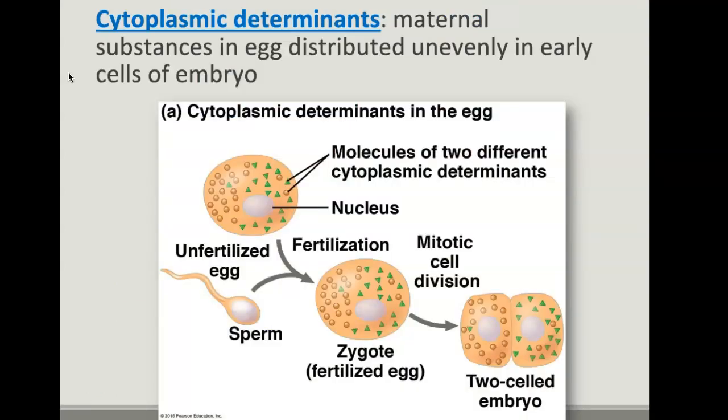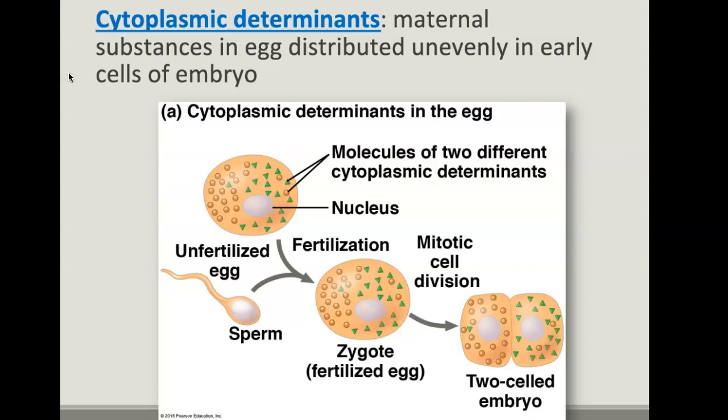One way that a cell knows how to differentiate and have its cells turn into different types of cells is cytoplasmic determinants. If you look at the diagram, you can see the large circle is an egg that's unfertilized, and then you can obviously see the sperm cell.